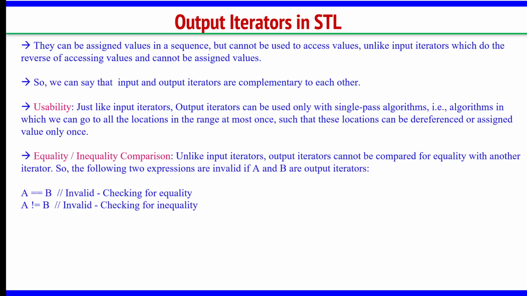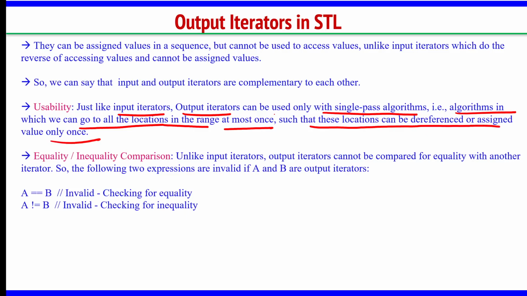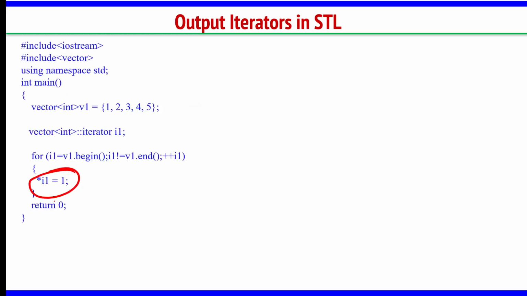Just like input iterators, output iterators are used only with single pass algorithms, that is algorithms in which we can go to all locations in the range at most once, such that these locations can be dereferenced or assigned a value only once. We are assigning a value only once like this.